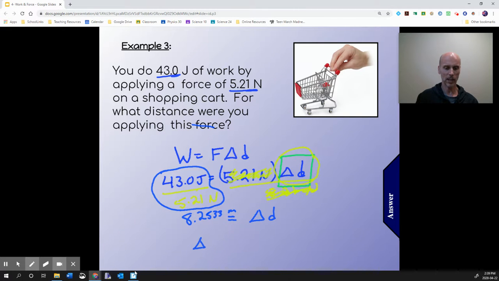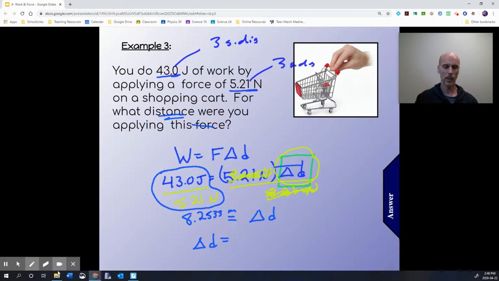So our final statement will be this: the change in position, the distance traveled, is going to be, well, we did a division type question here. Dividing was the operation we did. And when we divide, we have to go back and look at which number had the fewest significant digits. This one has 3 significant digits. This one has 3 significant digits.